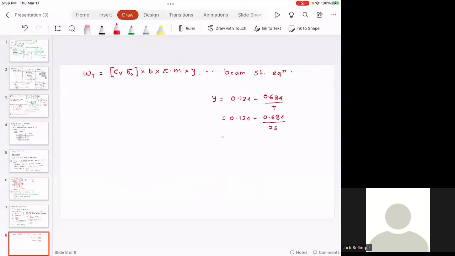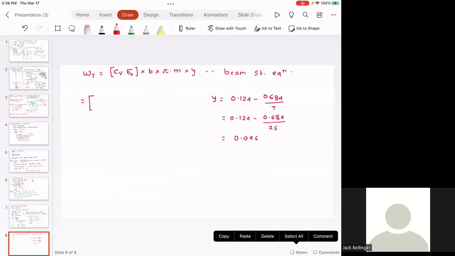Please tell me the value of Y real quick. 0.0966.